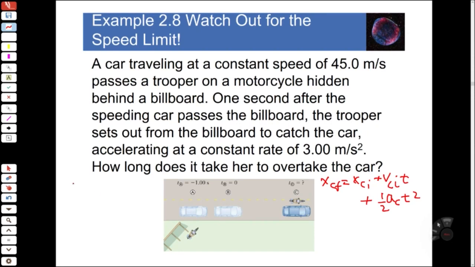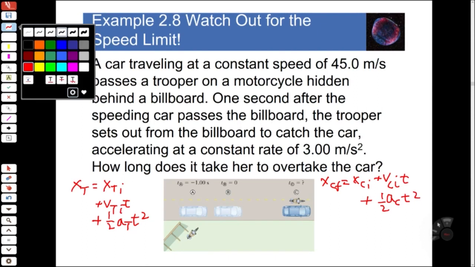For the trooper, x trooper is equal to x trooper initial plus v trooper initial t plus 1/2 a trooper t squared. And you just put in the correct numbers for these.